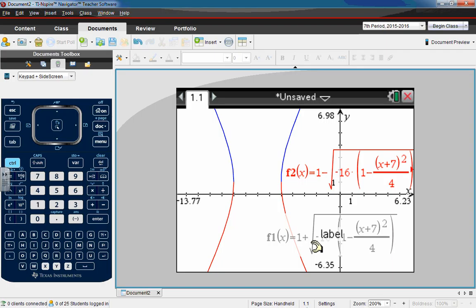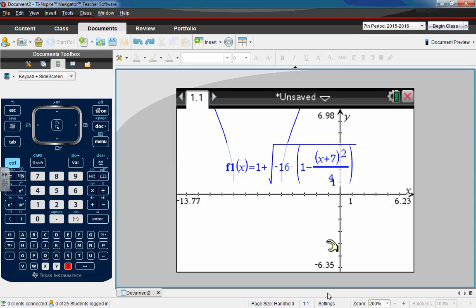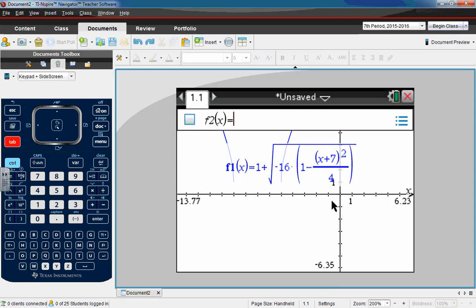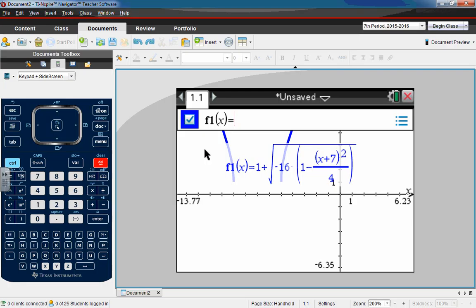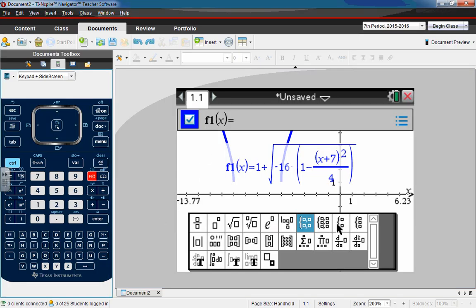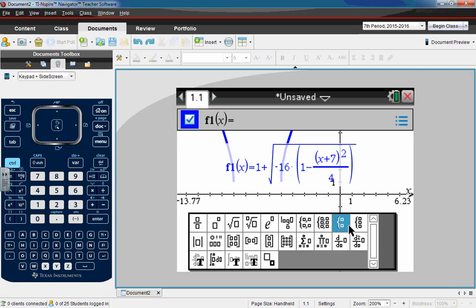Now what if I wanted to put it in 1 function? So I'm going to hit Control-Z, and this time I'm going to delete all this, just so that you can see the difference. And I'm going to go to the key to the right of the 9. And do you see these down here? Do you see how there's several different that I'm clicking on?